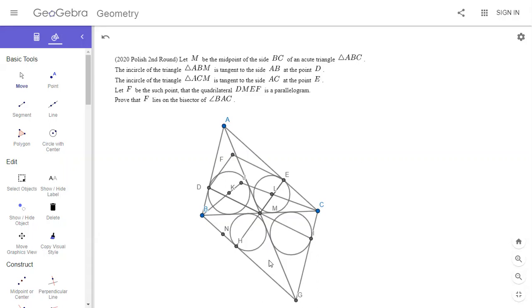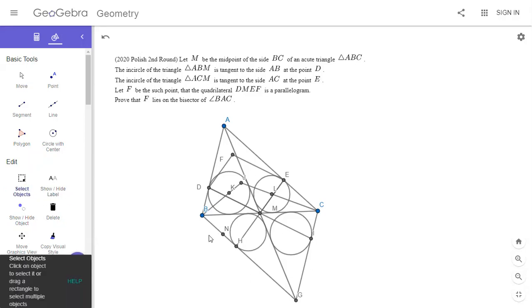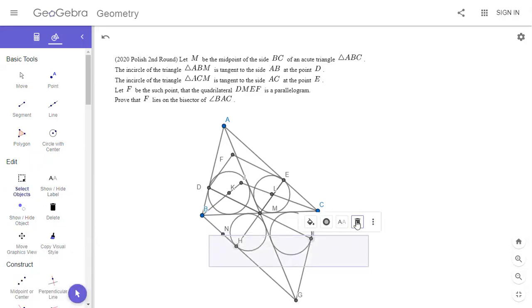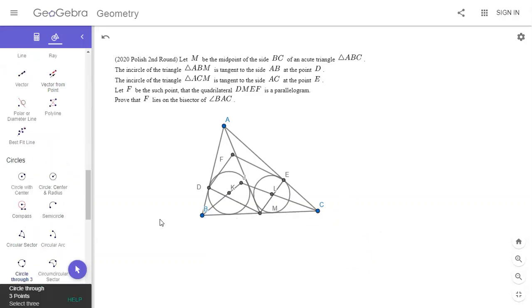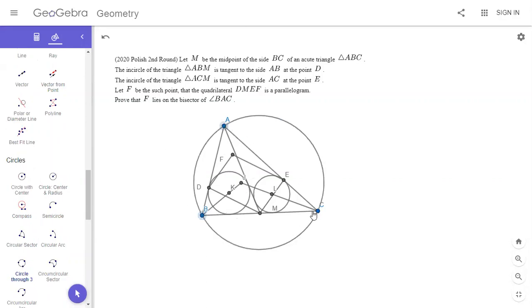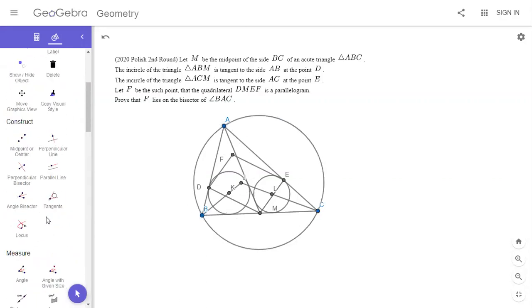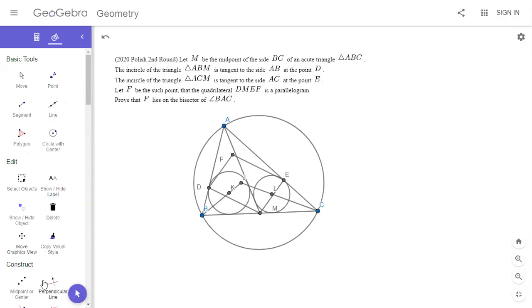That might help. I'm going to try that. Let me delete a couple things that I added to the figure. So I want to take the midpoint of arc BC.